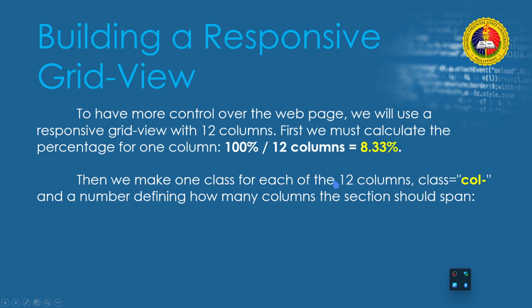Alright, let's erase this for the meantime. Let's duplicate all of column 1 and set. That's 1, 2, 3, 4, 5, 6, 7, 8, 9, 10, 11, 12. Alright, so we have 12 columns.